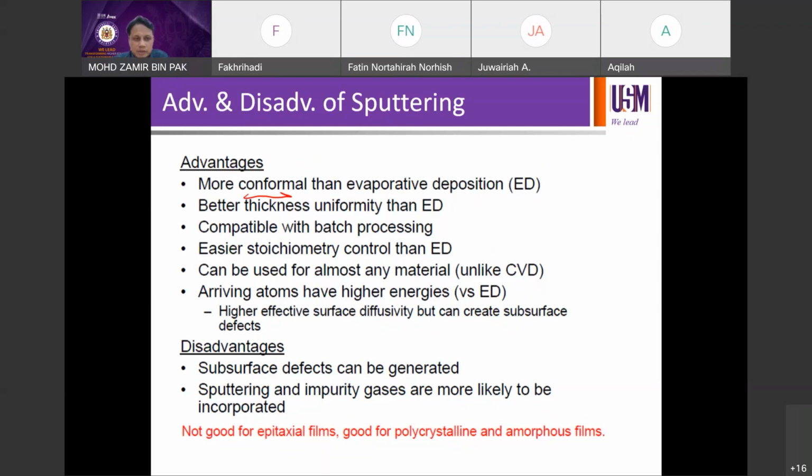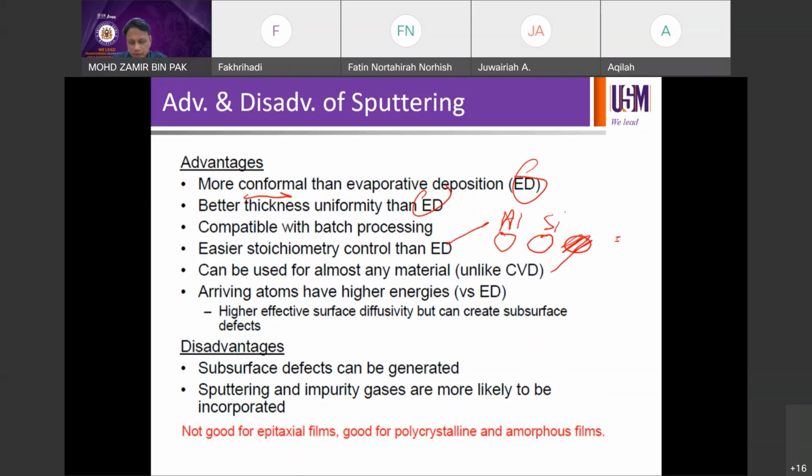Another advantage is better thickness uniformity than evaporative deposition. It is compatible with batch processing, and has easier stoichiometry control than evaporation, because you can also use multiple targets. You can sputter multiple targets. For example, if you want to deposit AlSi, you can sputter Al, you can sputter Si, right?